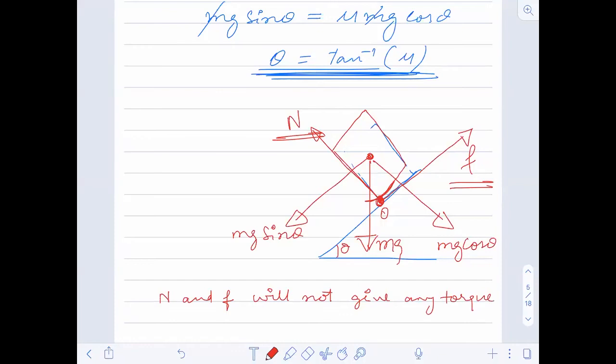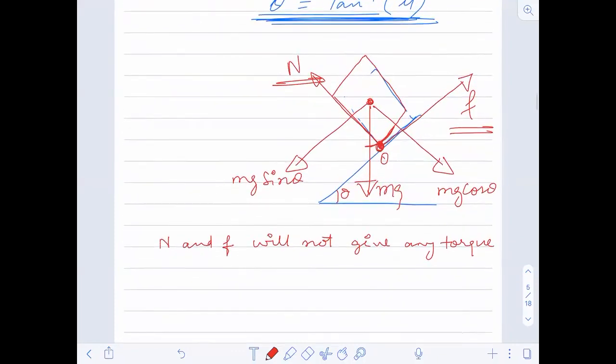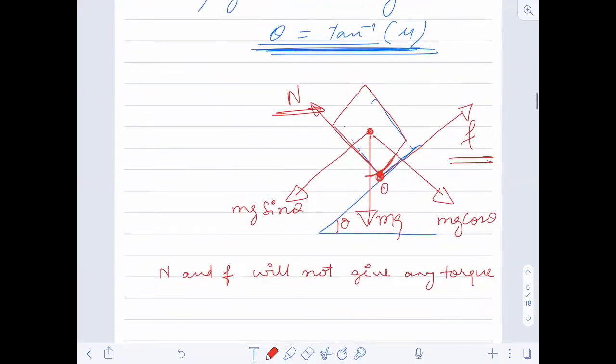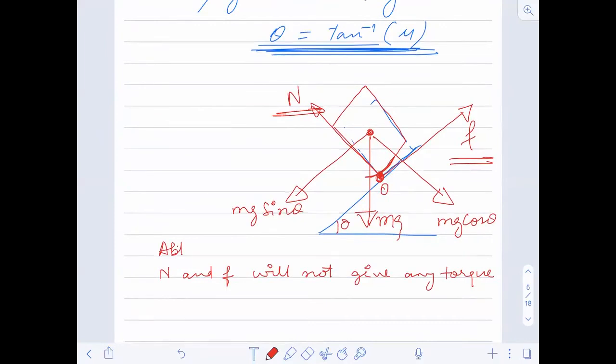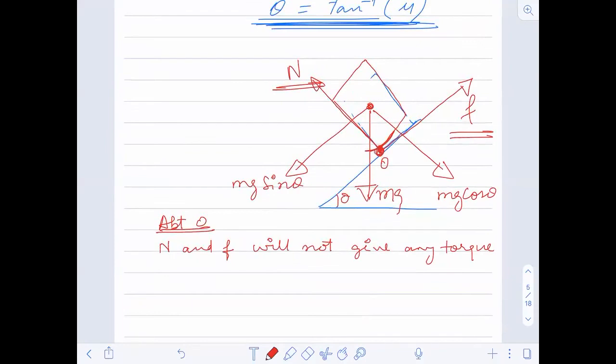The torque or the moment about point O we are writing here. Okay. So mg sine theta is going to give us the torque, as well as mg cos theta gives me the torque.